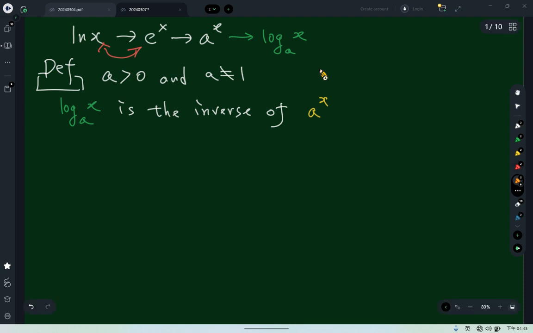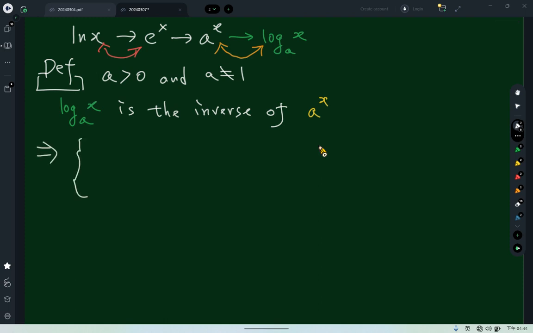So here we also have a similar relationship between a to the power of x and the logarithm base a of x function, right? It's quite intuitive.